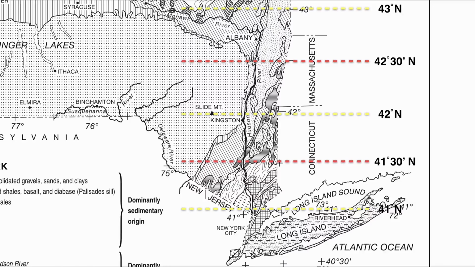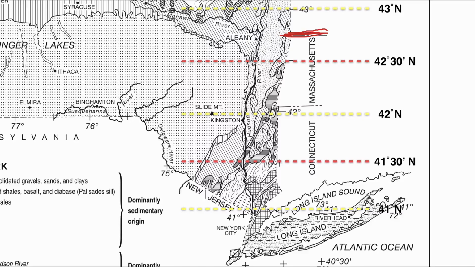But what's not so easy is if I asked you to figure out, well, what would be the number of minutes in this area? So what would be the location's latitude to the nearest minute? That's typically how that question's asked. So if I think about this, I know it has to be between 42 degrees and 30 minutes and 43 degrees.